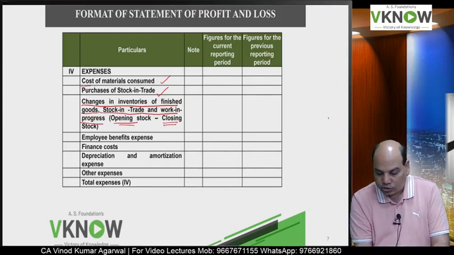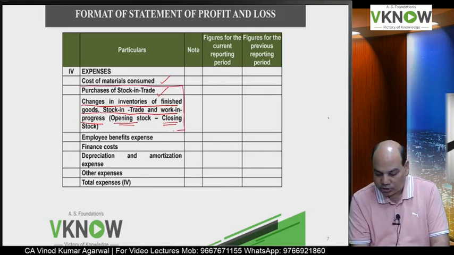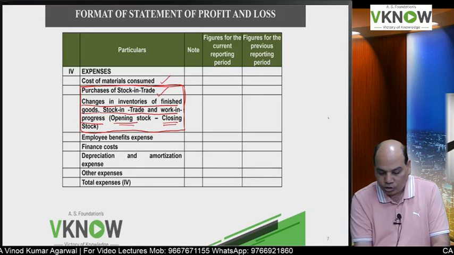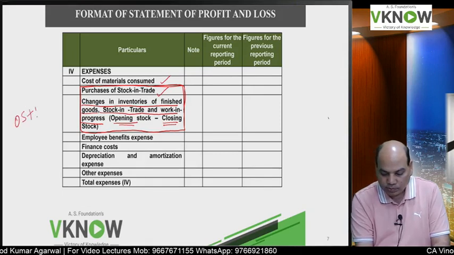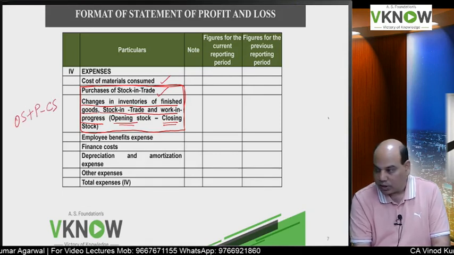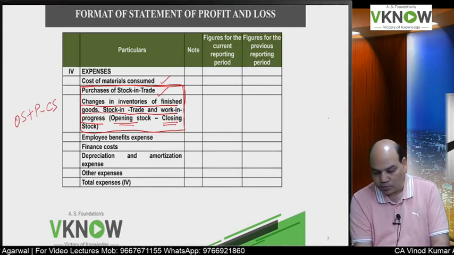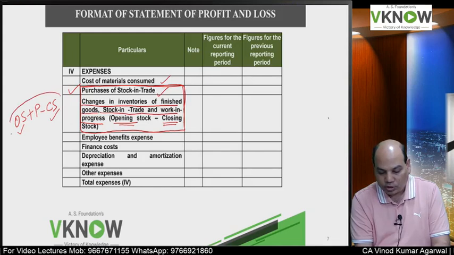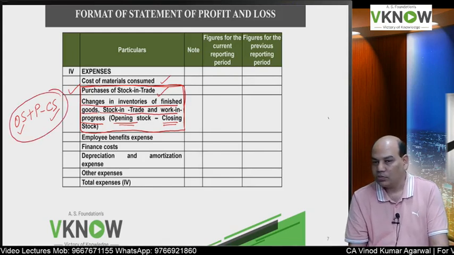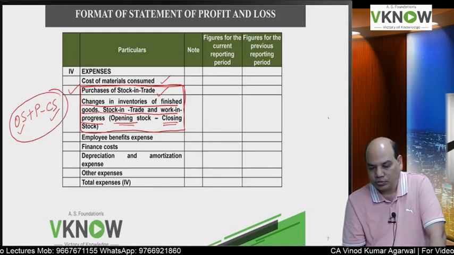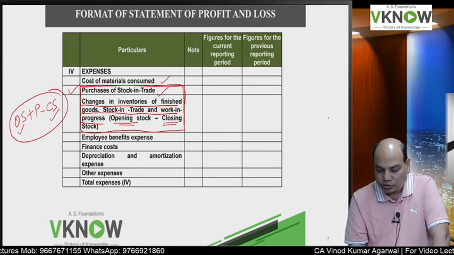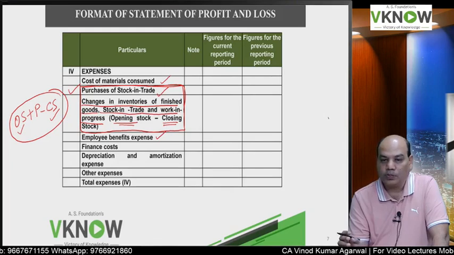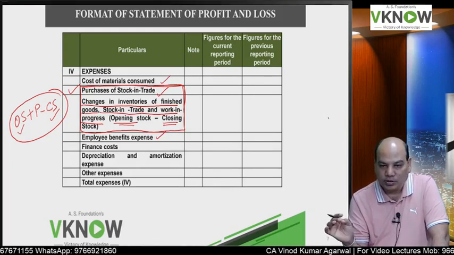If you look at these together, you have opening stock plus purchase minus closing stock. Together they are basically cost of goods sold. Then you have employee benefit expense, so all employee related expense will come here.